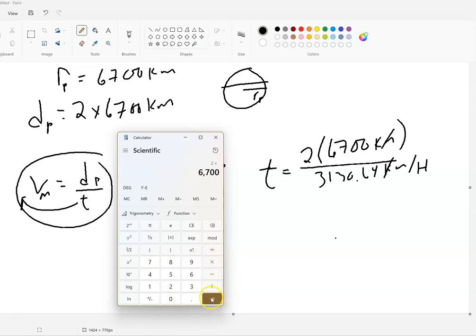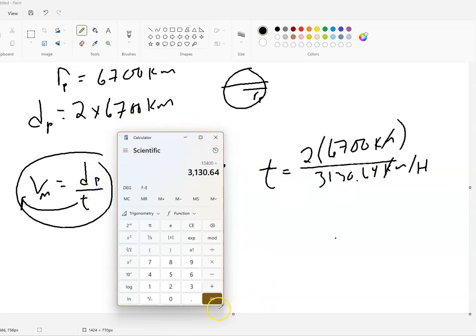This is the diameter that it's traveling, 13,400 kilometers, and it's doing that at a velocity of 3,130.64, so I'm going to divide by 3,130.64. I rounded it to the hundredths place because I started with something in the hundredths place.